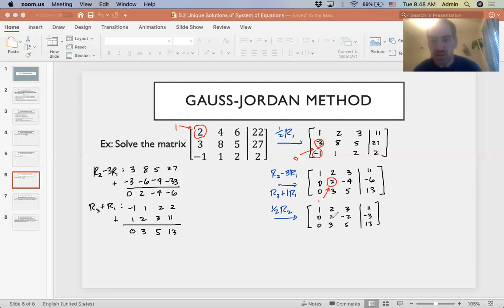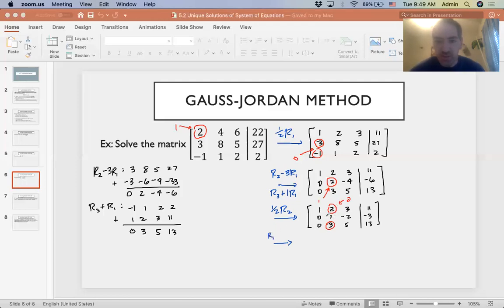Okay, so we have that pivot. We have that 1, and we want everything else in that second column to be zeros. So we want that 2 and the 3 to become 0. And we are going to do that by adding the additive inverse of those numbers we're trying to make 0.